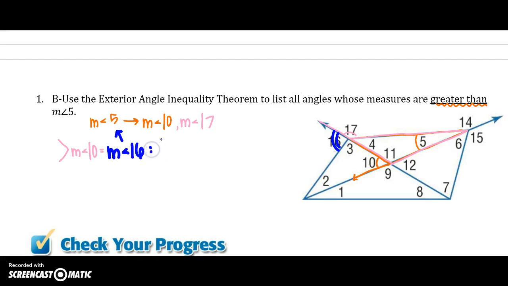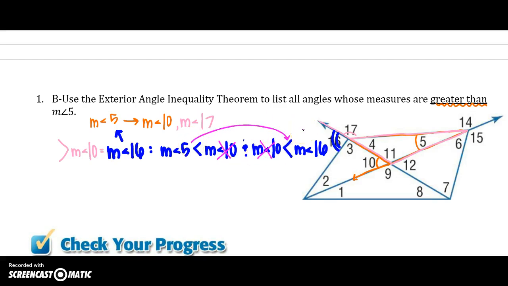Take note that the measure of angle 5 is less than the measure of angle 10, and the measure of angle 10 is less than the measure of angle 16. Notice how that transitive property comes into play.